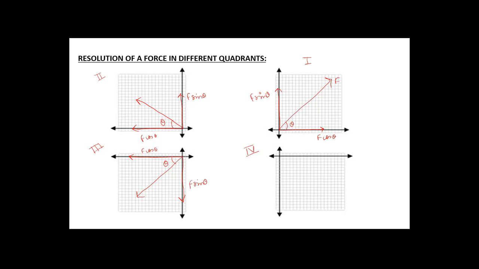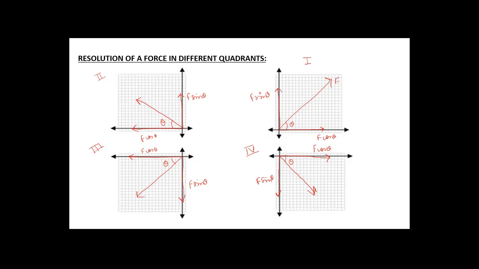Now the same force is acting in the fourth quadrant, making angle theta. Then this will be F cos theta and this will be F sin theta.